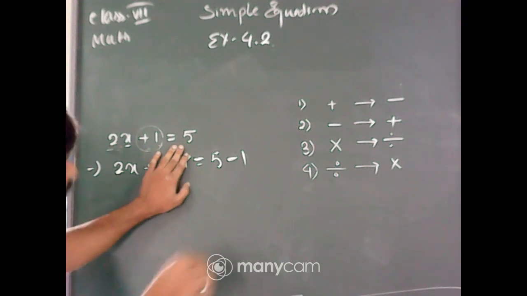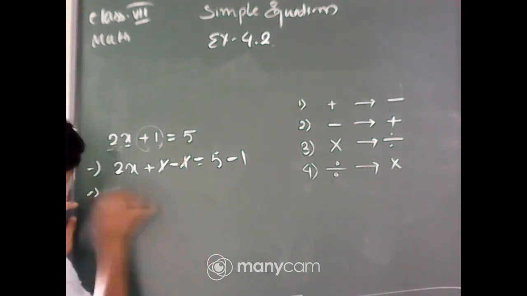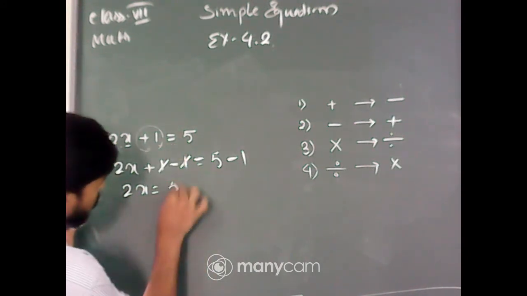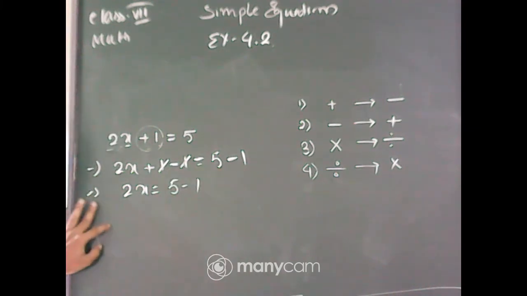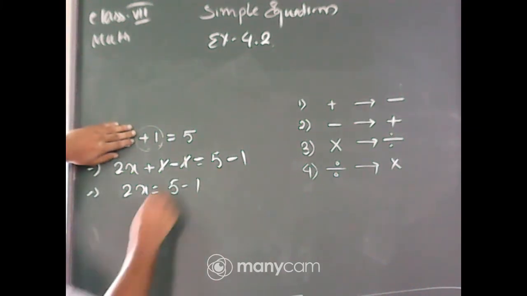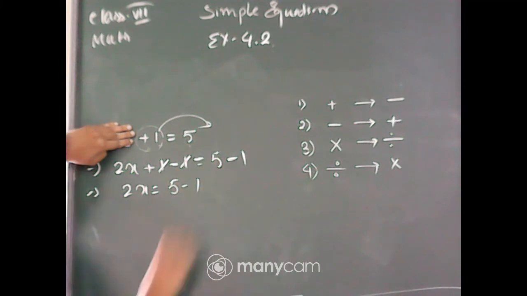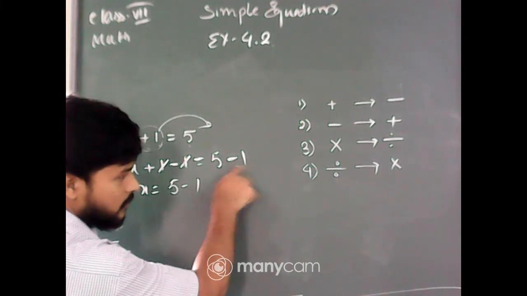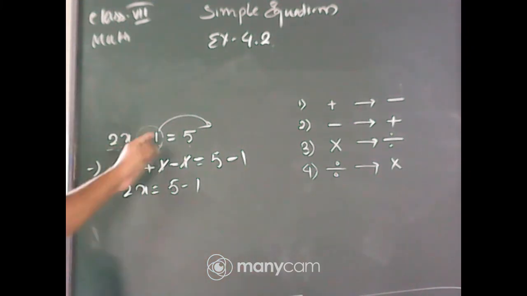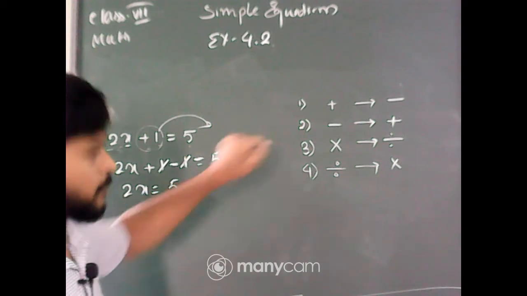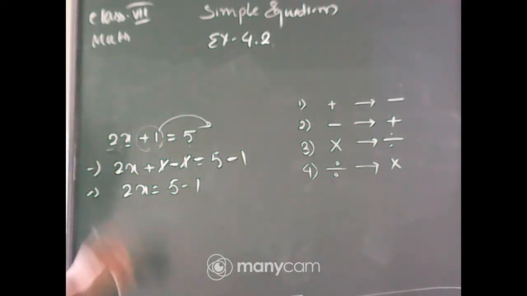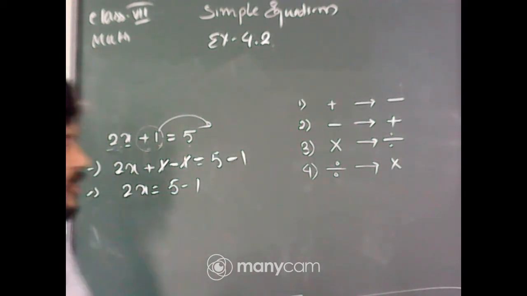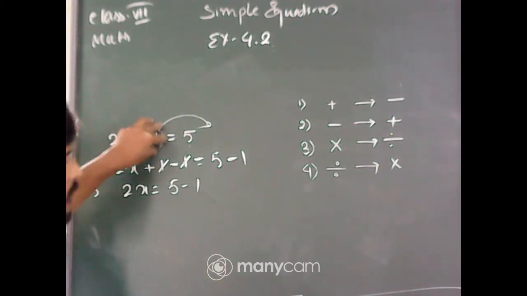Literally the equation becomes 2x is equal to 5 minus 1. So 2x equal to 5 and this 1 is going to the right hand side, and as it is plus 1 it will be converted into minus 1. That is why a positive sign will be changed into a negative sign. Actually we are subtracting the same term from both sides to remove this.